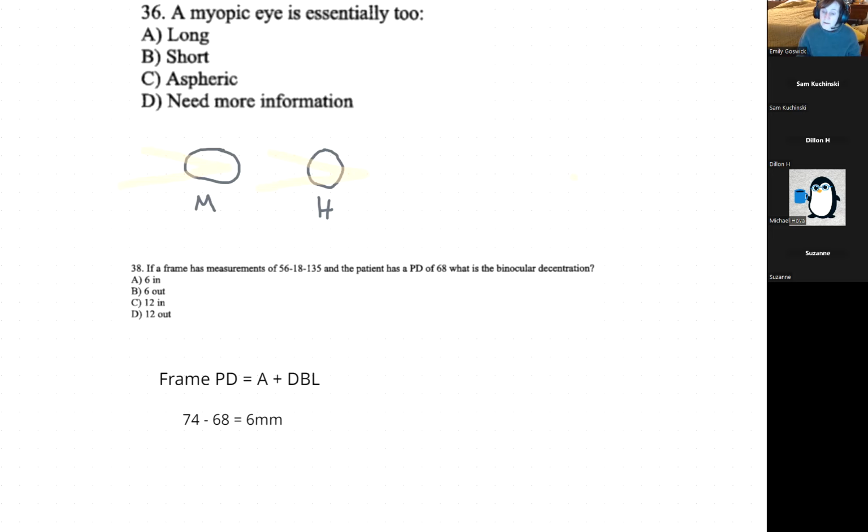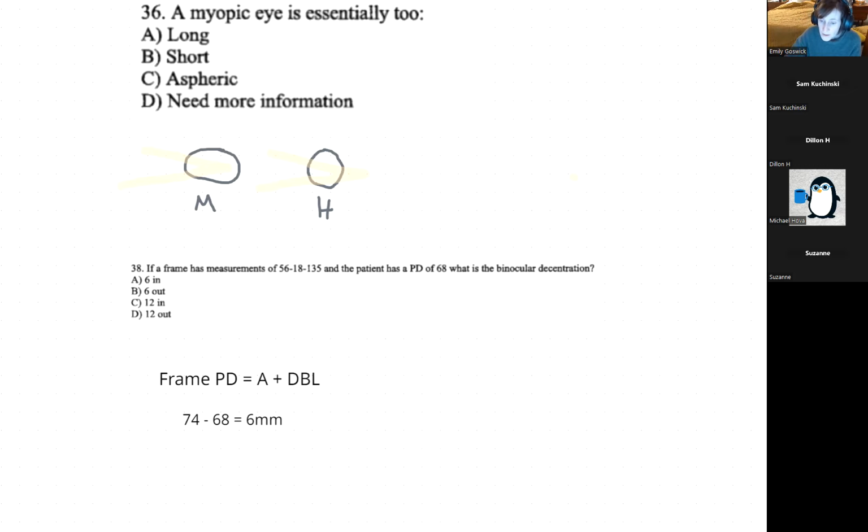But in this case, they're really not doing that. They are trying to confuse you though by making it like a 12, but basically what this means is he or she is decentered 6 millimeters with binocular decentration. Okay, with both eyes, they're somehow decentered 6 millimeters.